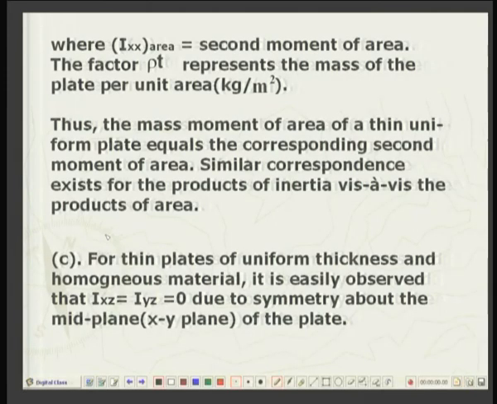Because thickness is uniform, whatever lies above also lies below the middle plane. Then it is easily seen that Ixz and Iyz, the mass products of inertia, will be 0.